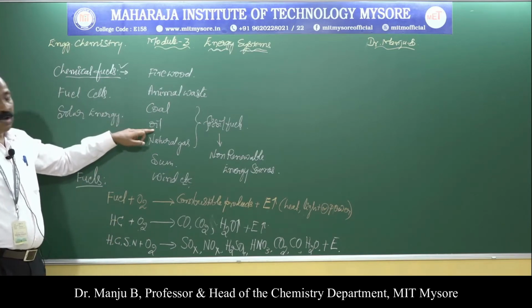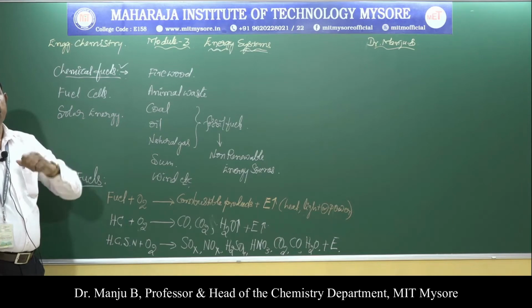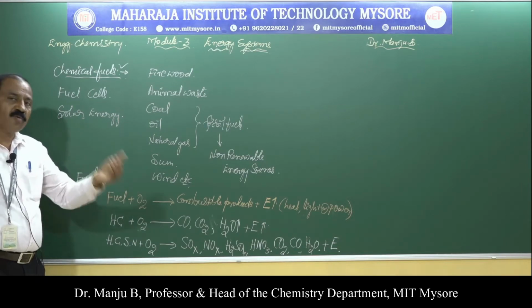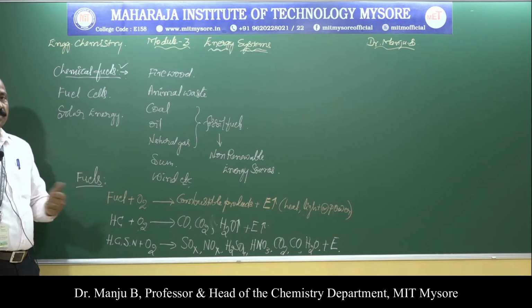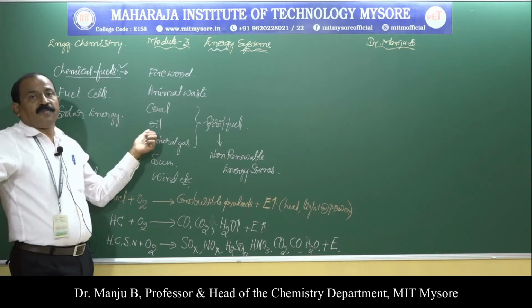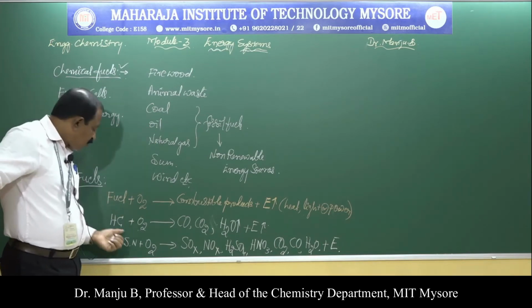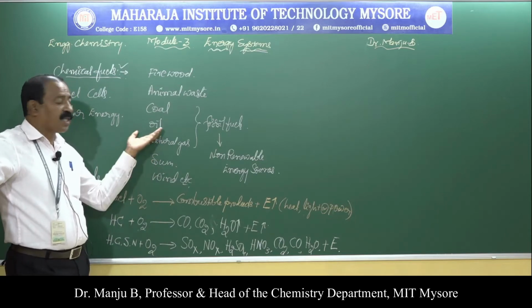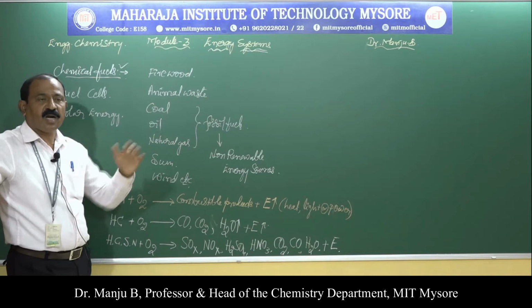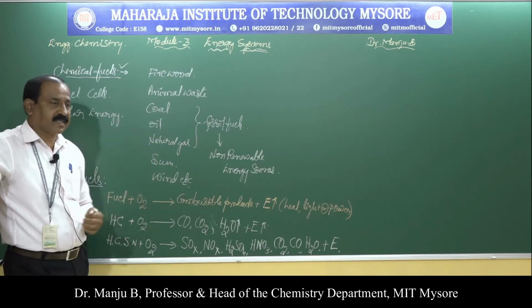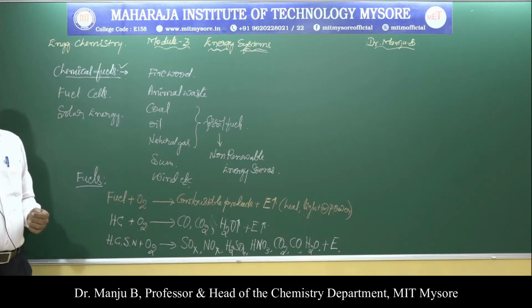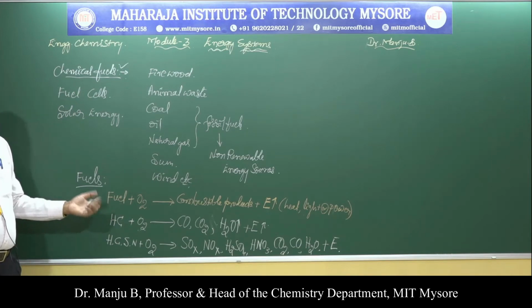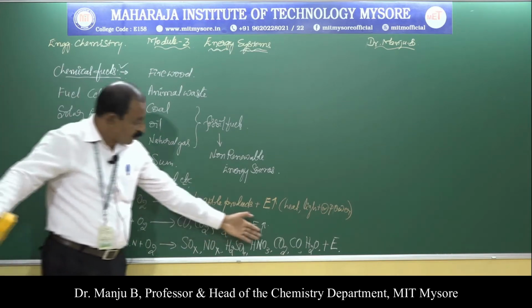Therefore, crude oil after extraction from the earth's crust should have its sulfur and nitrogen content removed by some other process before fractionation, and then you get petrol, kerosene, diesel, etc.